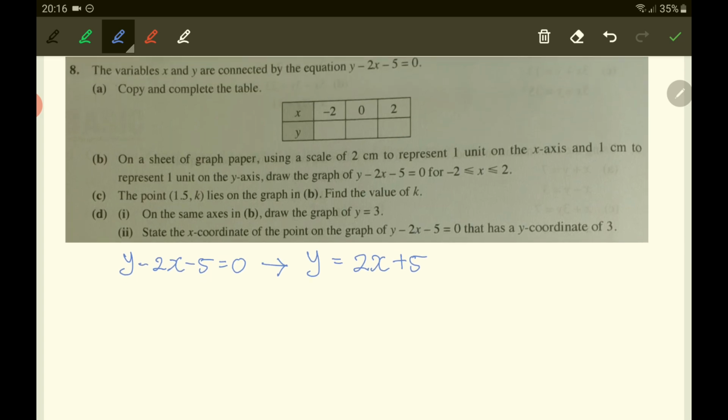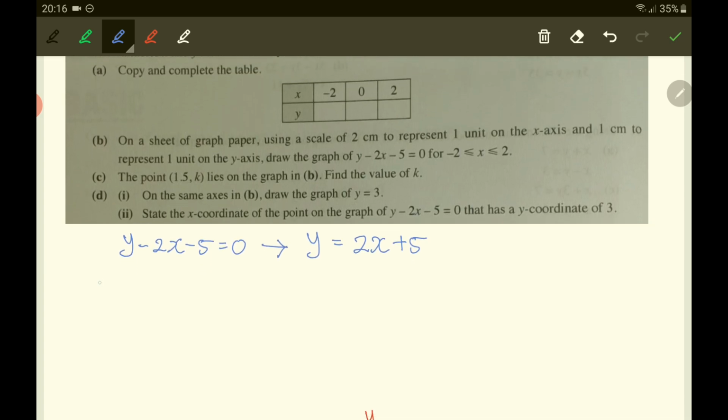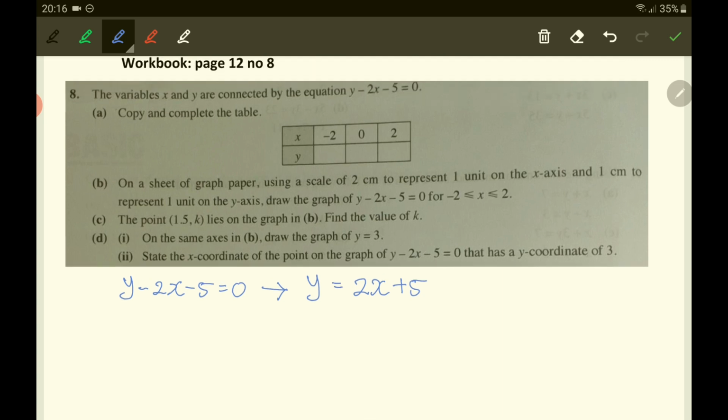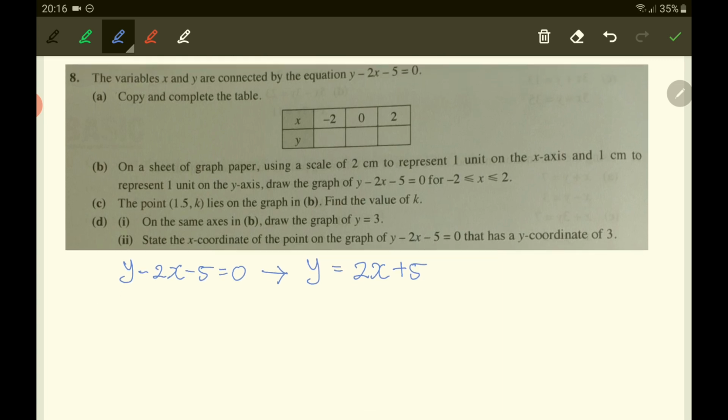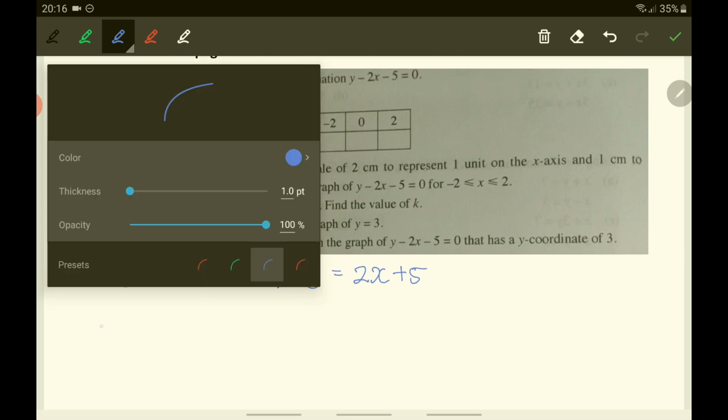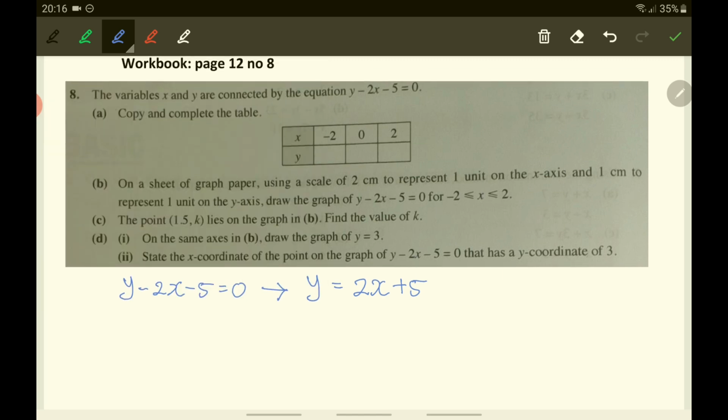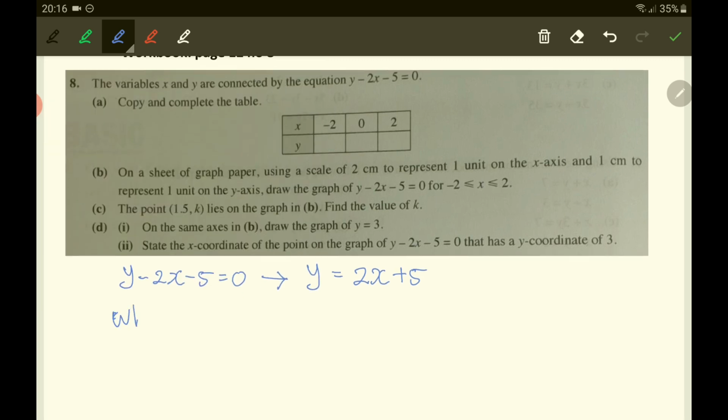Then when x equals minus 2, we get y equals 2 times minus 2 plus 5. So you get minus 4 plus 5, you get 1.